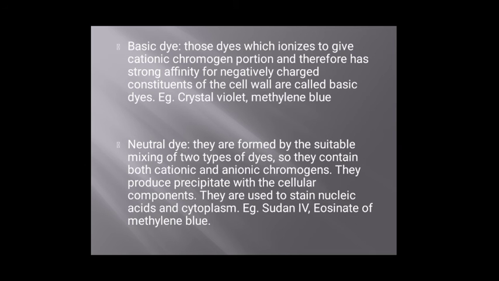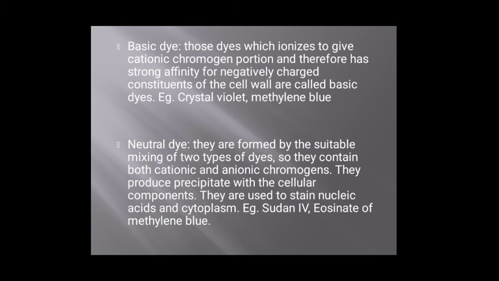Now the neutral dyes. Neutral dyes are formed by the suitable mixing of two types of dyes. That means they contain both cationic and anionic chromophore groups, and they produce a precipitate with the cellular components.